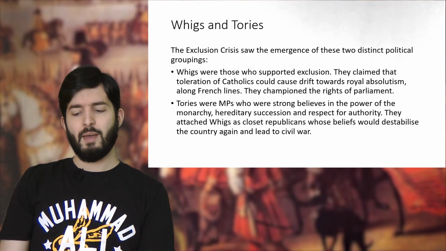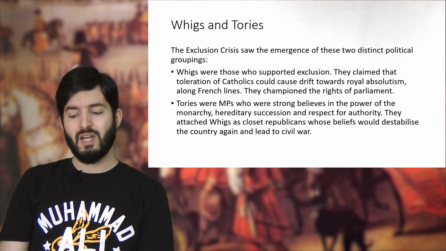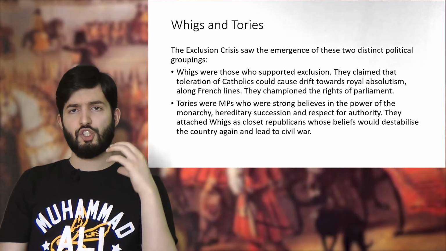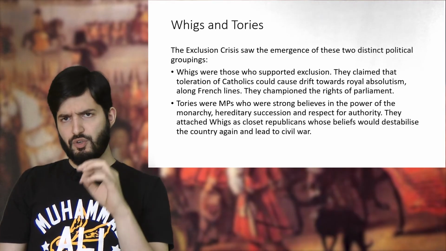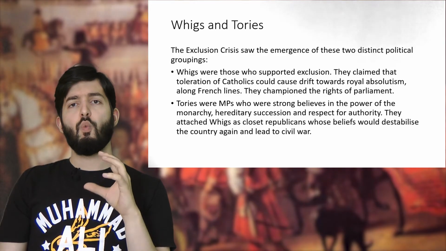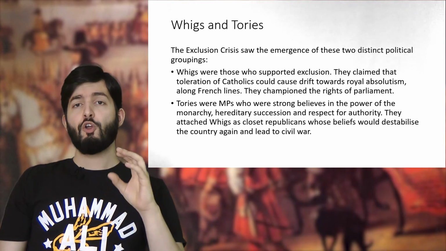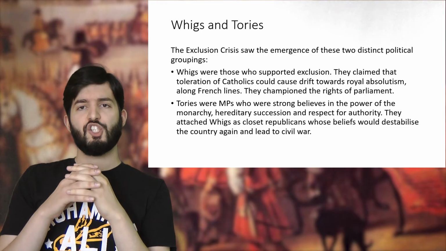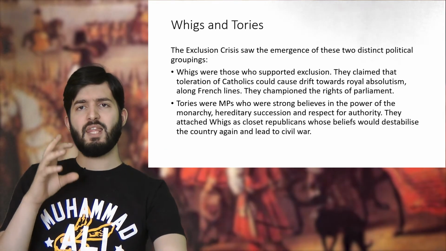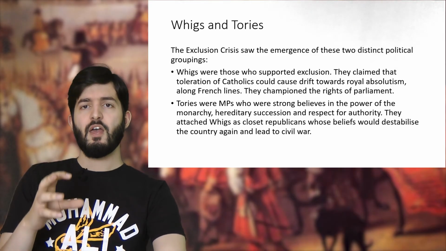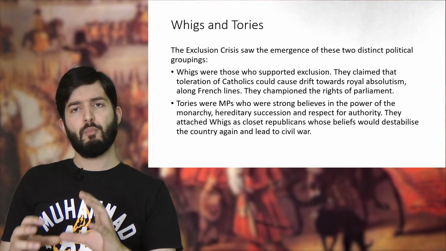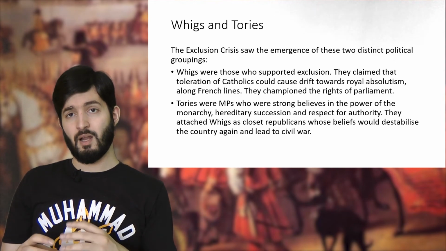Tories, in contrast, are MPs who believe strongly in the powers of the monarchy. This is the crucial thing. They strongly believe in the power of the monarchy, hereditary succession, and respect for authority. And this is where it can get confusing: Tories, like Danby, were strict Anglicans who also opposed Catholicism. But despite the fears of Catholicism, for them, respect for royal authority superseded and was more important than the fear of Catholicism, unlike the Whigs.